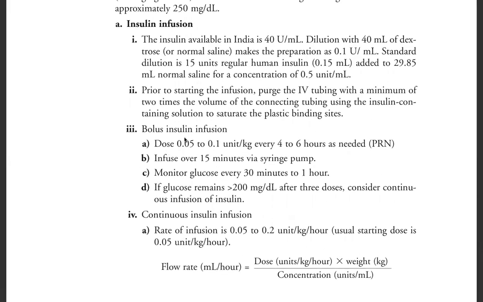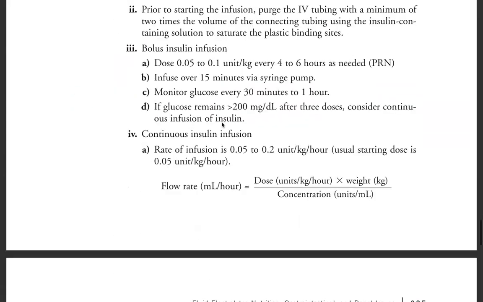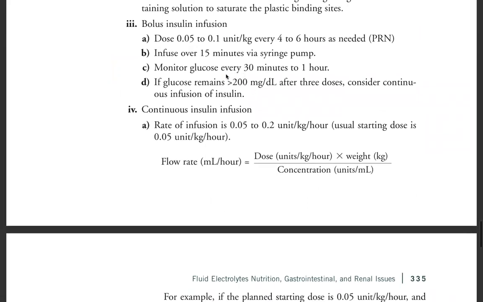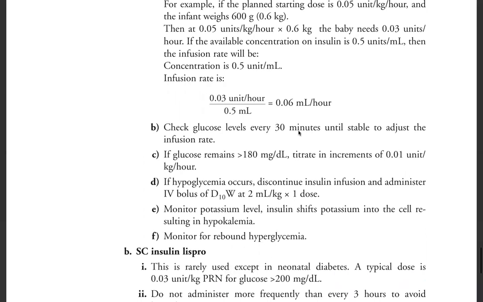Always give IV, prepare the solution, and give via syringe pump over 15 minutes. Never give insulin, and also Lasix, as an IV bolus. Always give infusion. Remember how much insulin to give, when to give, and how to give. If it still remains more than 200 after 3 intermittent bolus doses, then you give continuous infusion. This is the protocol you have to remember and write. And check glucose level every 30 minutes until it is stable.